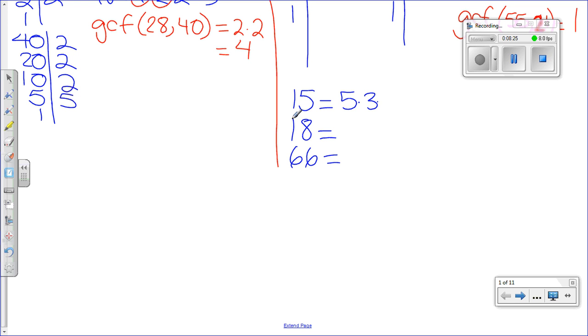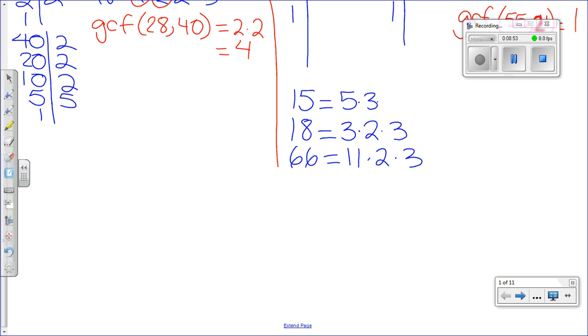Well, 6 could also be factored into 3 times 2, right? And then you said another 3. Okay. And then David, 66. 22 times 3. Well, let's say 11 times 2 times 3. Yes. Remember, you can only use prime numbers.